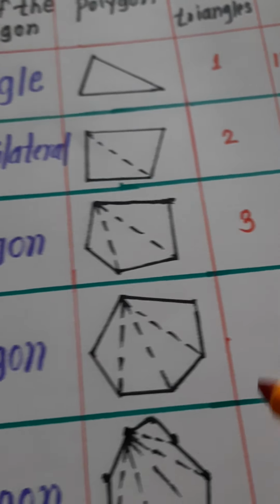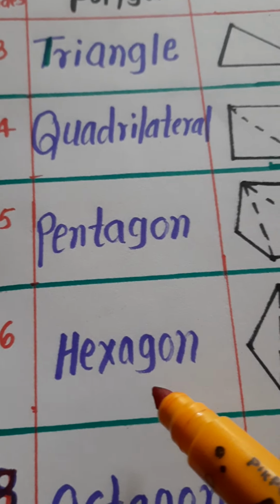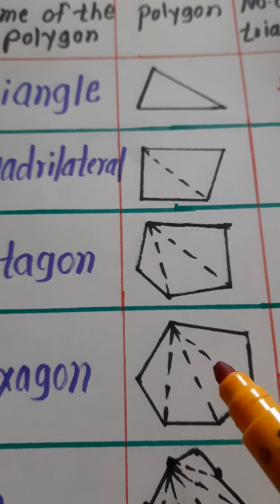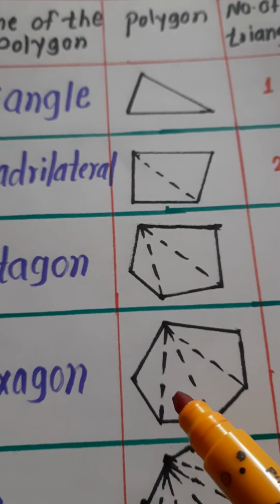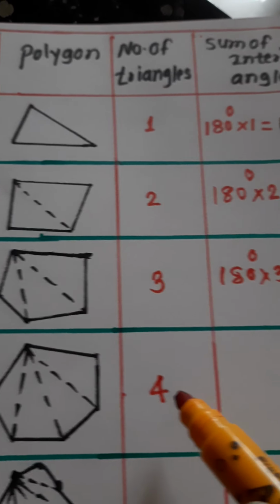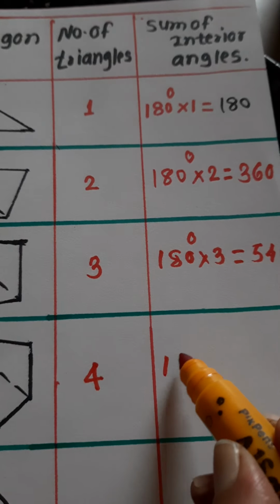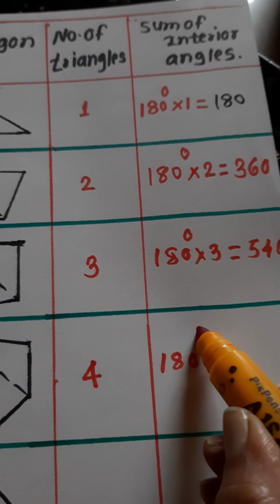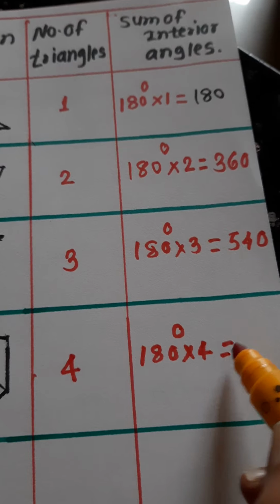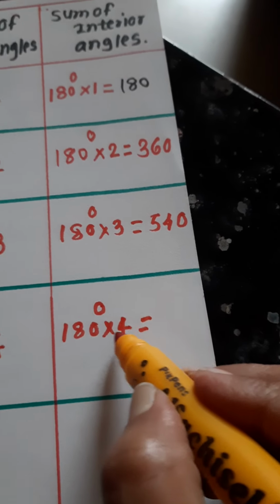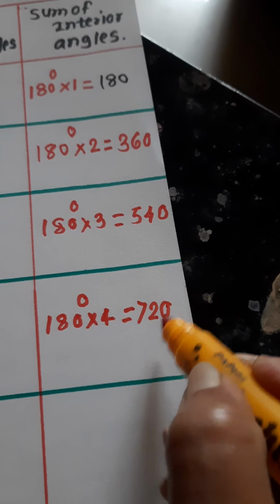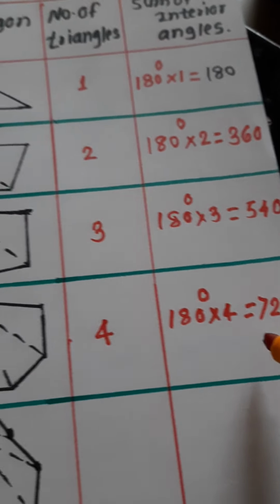Okay. Next polygon, that is hexagon, that has 6 sides and makes 1, 2, 3, 4 triangles. Number of triangles are 4 and sum of interior angles is equal to 180 degree into 4, that is equal to 720.